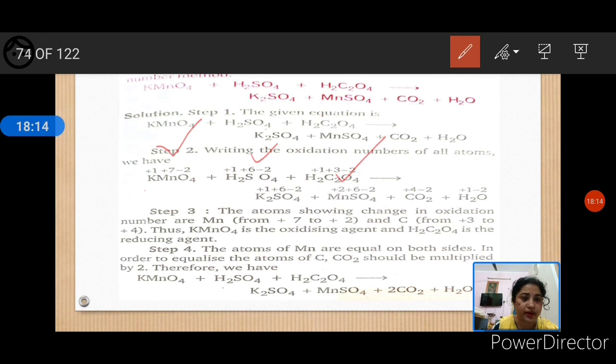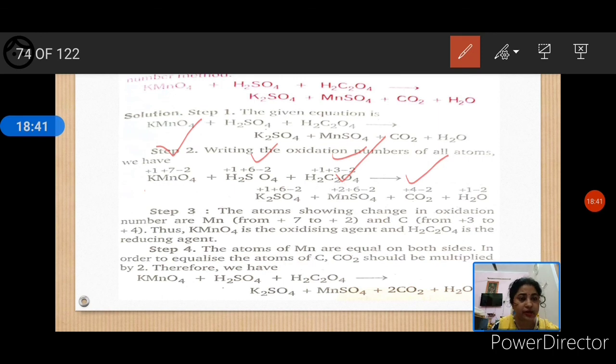Oxygen minus 2, hydrogen plus 1, plus 1. Sulfur plus 6, plus 6. Oxygen minus 2, minus 2. Hydrogen, oxygen, we will not find any change. For hydrogen plus 1, carbon here is plus 3 and here carbon is plus 4. So plus 3 to plus 4, the oxidation number is increasing. So it is showing oxidation.